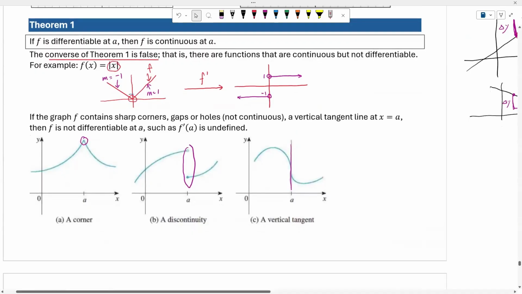Then of course, in this problem, my critical number is x equal to 0, because in this case, f prime of 0 is undefined, does not exist.